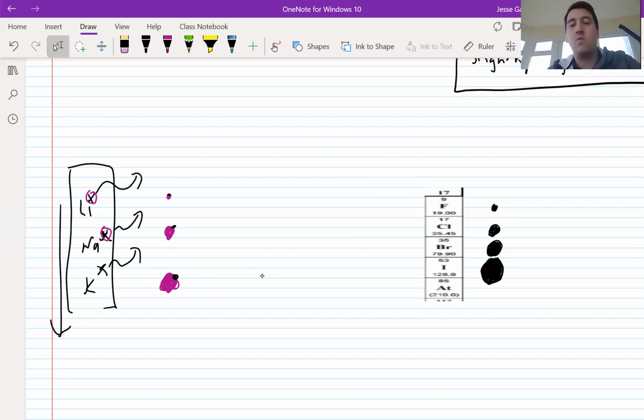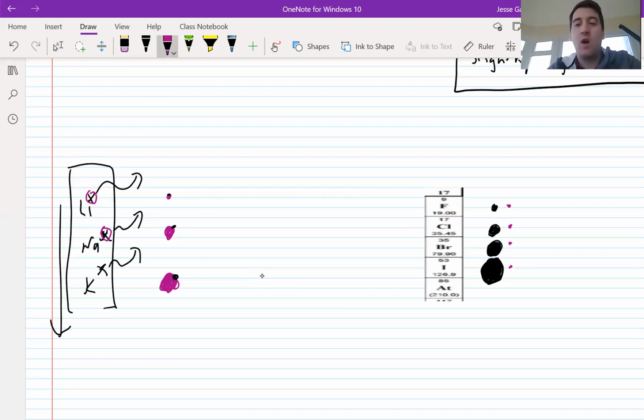Now, these want to gain an electron. To do this, they've got to take an electron from another atom. So say we've got an atom that comes close and it's got an electron at its edge. And we've got another atom that comes close and it's got an electron at its edge.